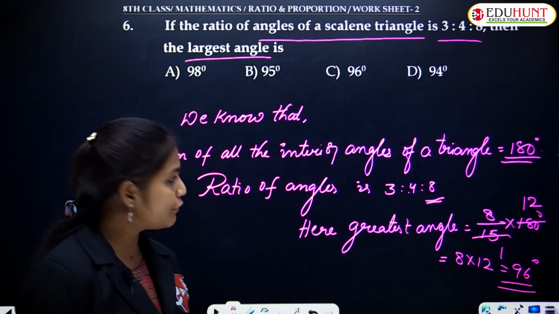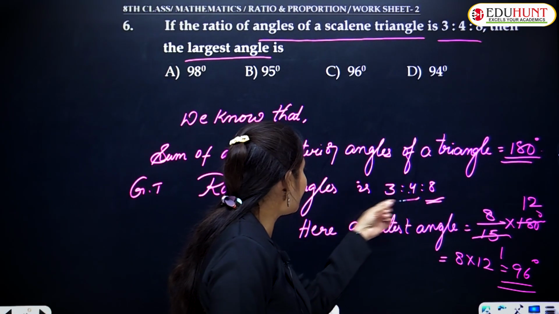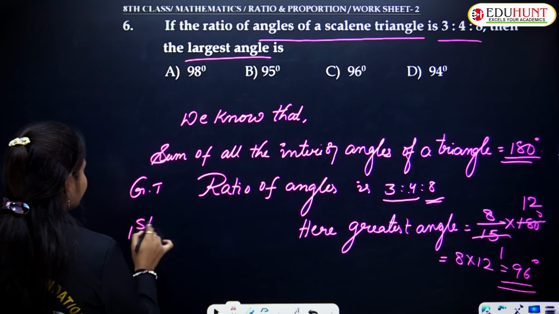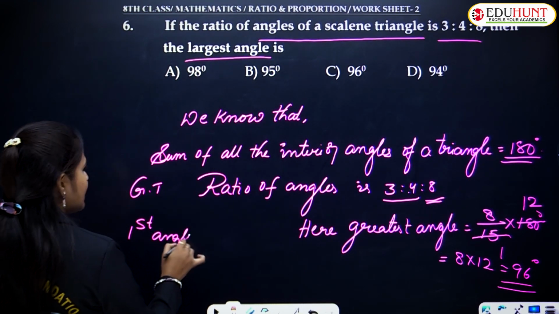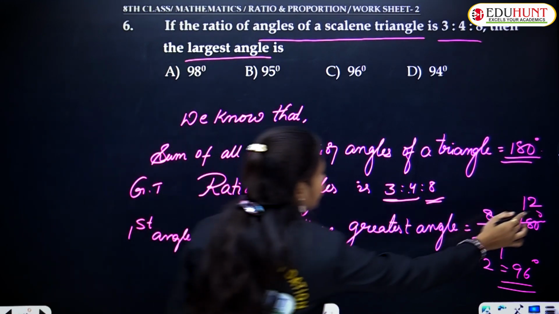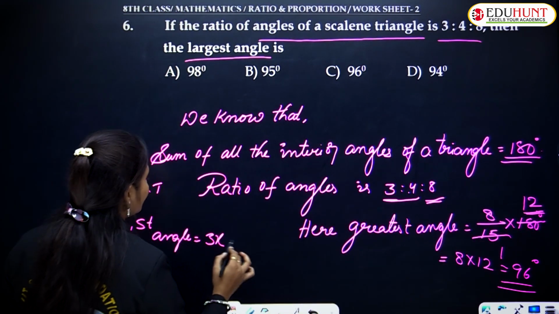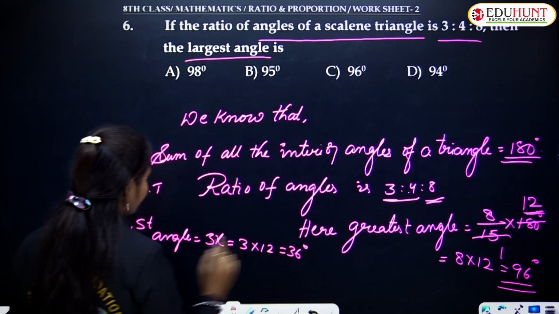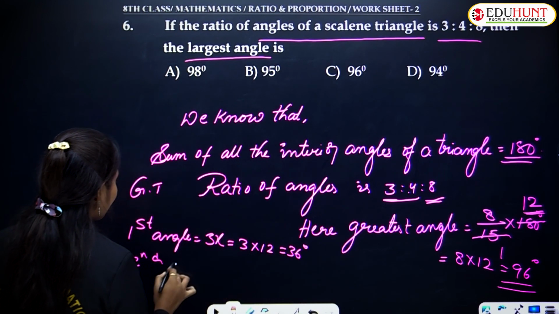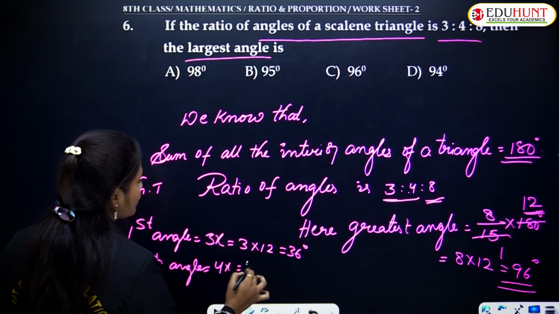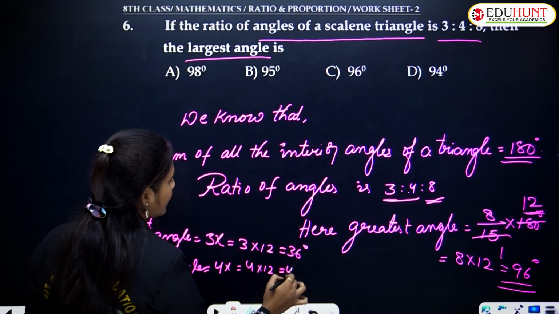Or else, if you have any doubt, you can find the remaining 2 angles also. The first angle is 3 times x, so 3 into 12, that is 36 degrees. The second angle is 4x, so 4 into 12 is 48.